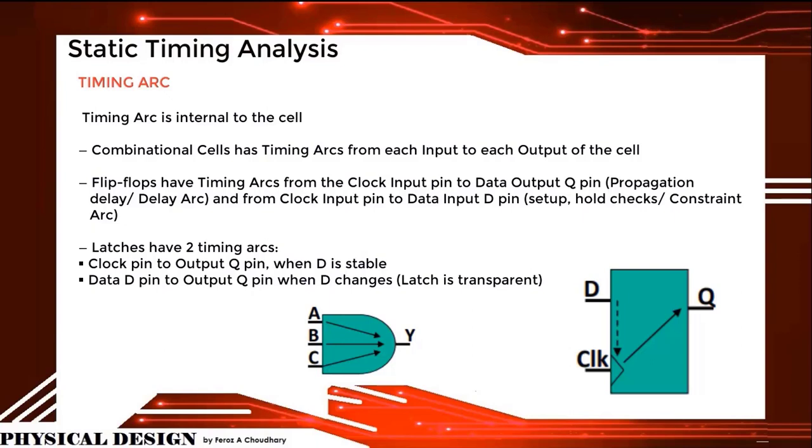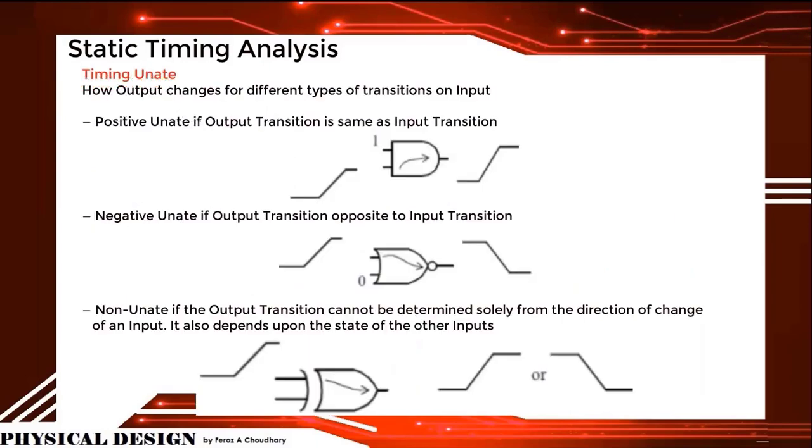The timing arc is positive unate if a rising transition on an input causes the output to rise or not to change, and a falling transition on an input causes the output to fall or not to change. For example, the timing arcs for AND or OR type cells are positive unate as shown in the figure.